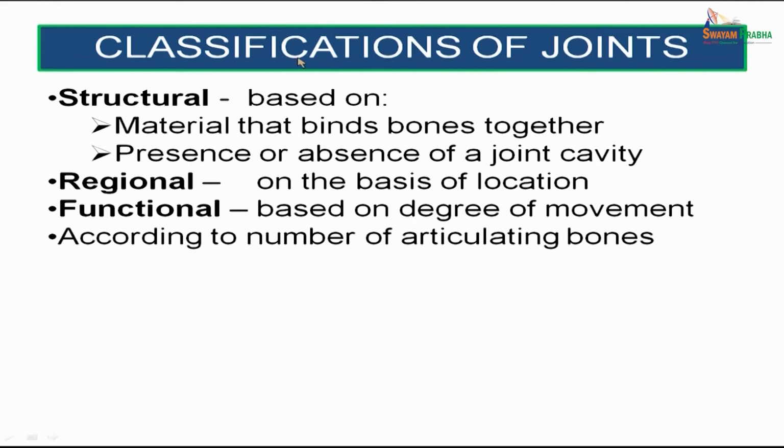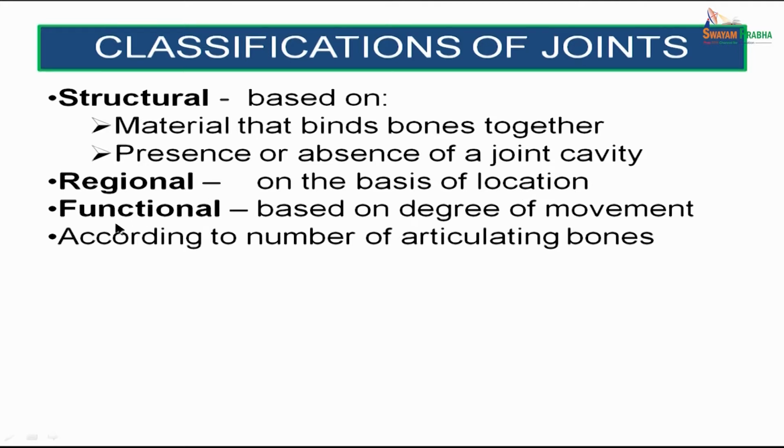So, how do we study joints? We study the joints by classifying them. The classifications are of various types. First, we can classify the joints based on how they are constructed or what is their structure. That means, what is the material that binds the bones together and whether these joints have a cavity or not. Then we can classify them according to regional, or on the basis of where these joints are located.